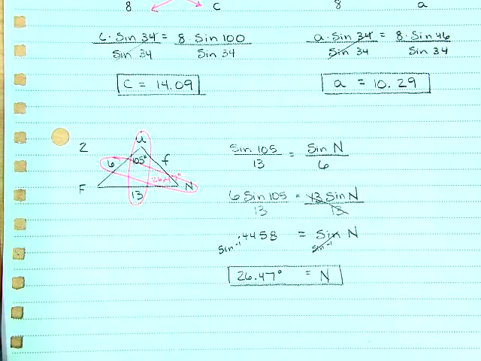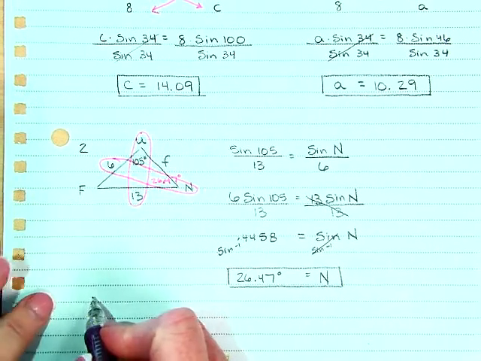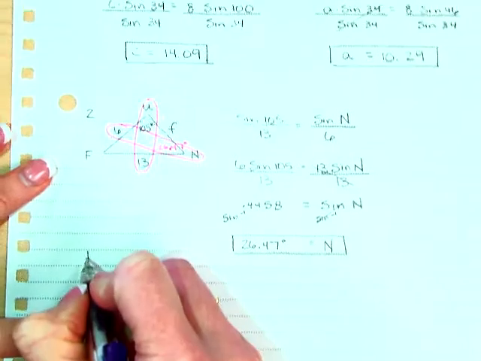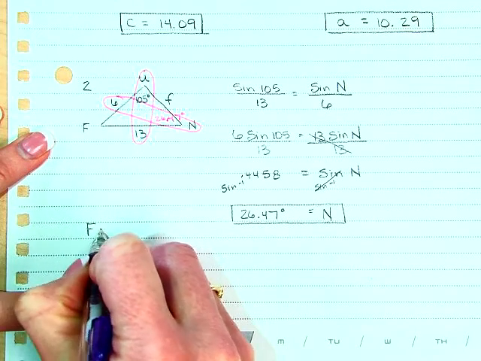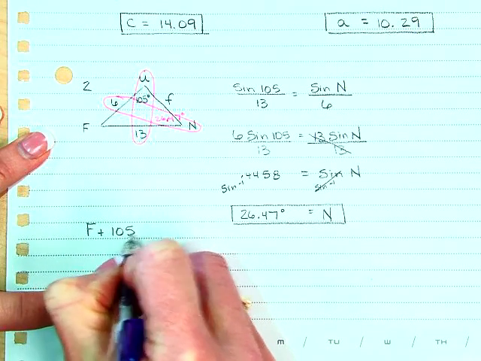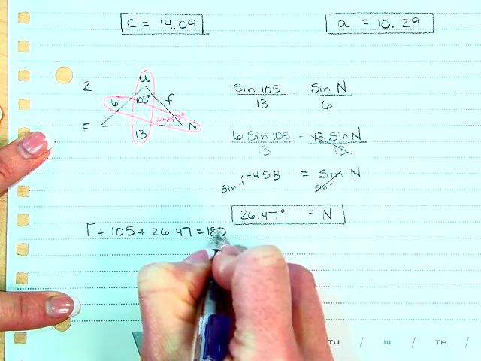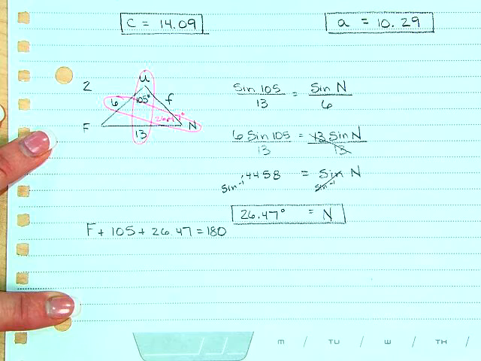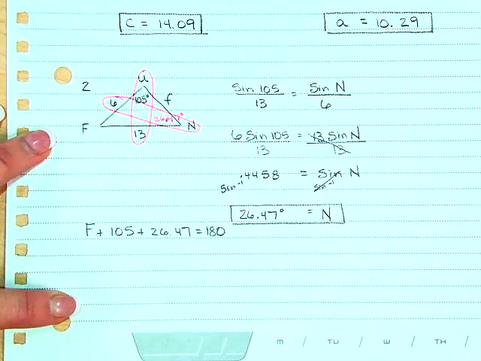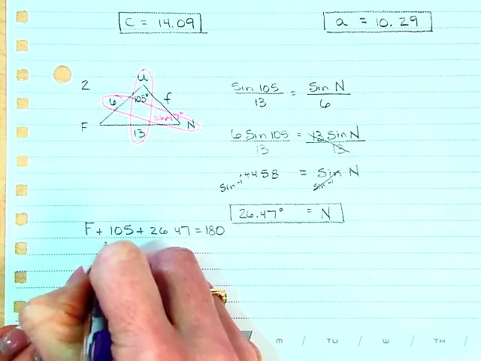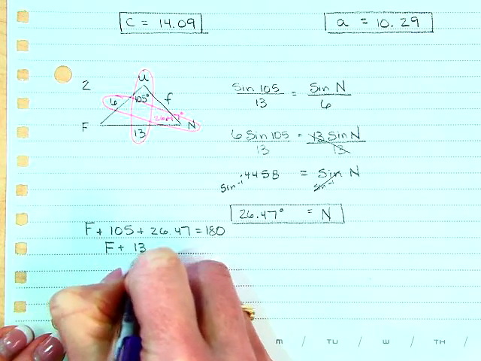Now I can use the triangle sum theorem to find angle F. Alright, so what I know is that angle F plus 105 plus 26.47 has to equal 180. So then I'm going to do 105 plus 26.47, which is 131.47.